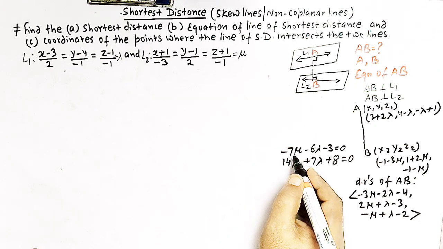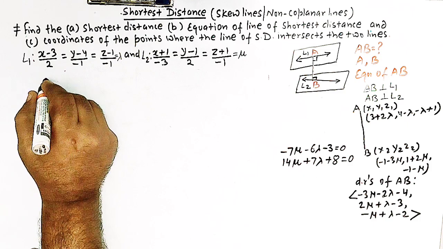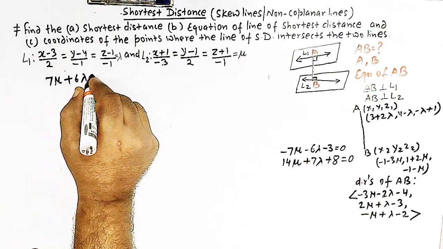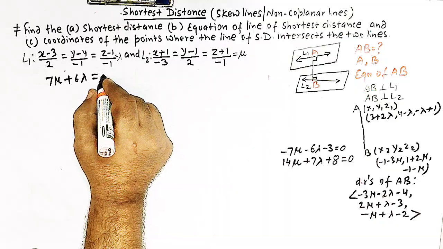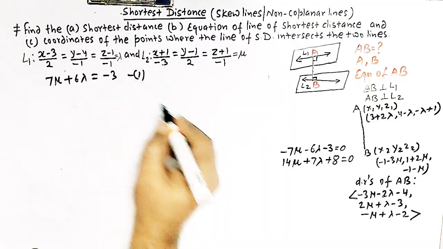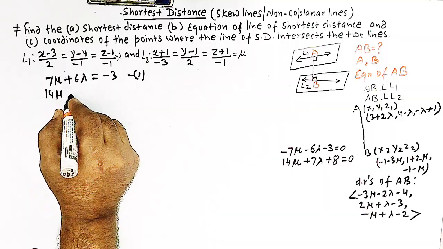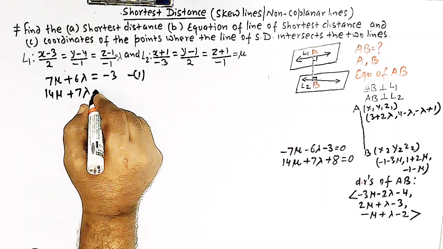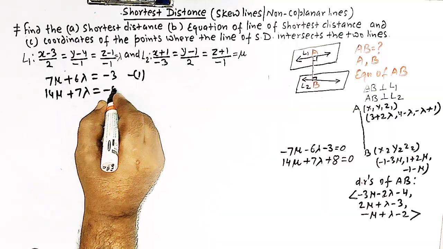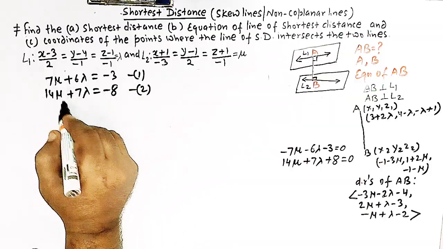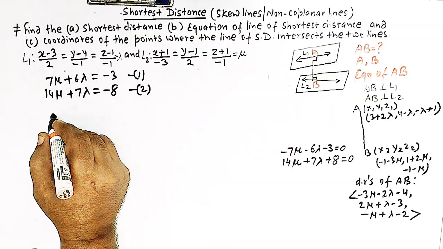So now let us write these equations as 7 mu plus 6 lambda is equal to minus 3, and we can write this equation as 14 mu plus 7 lambda is equal to minus 8, right? And we can now solve these two equations by method of elimination.